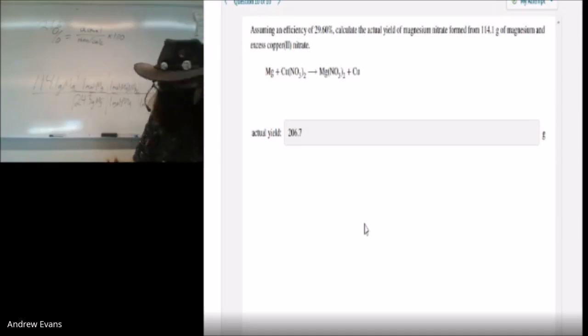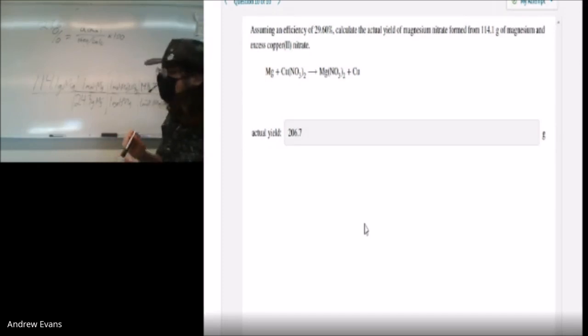So the total molar mass of this is 148.3 grams of magnesium nitrate. With that in mind, we're going to convert. So 114 divided by 24 times 148.3.